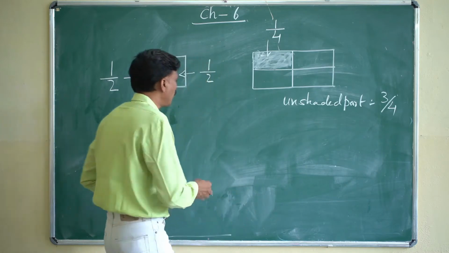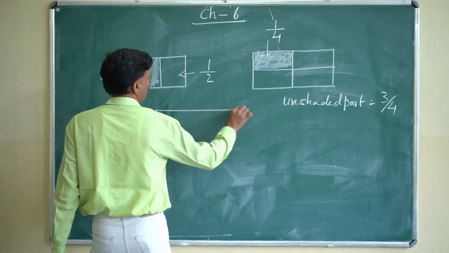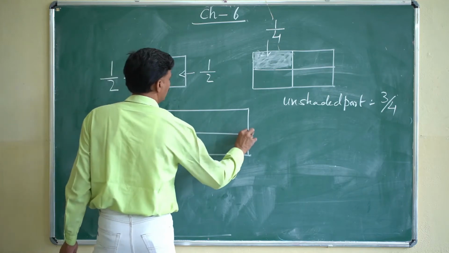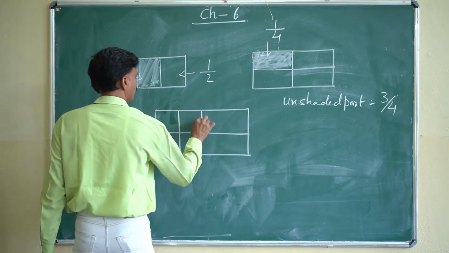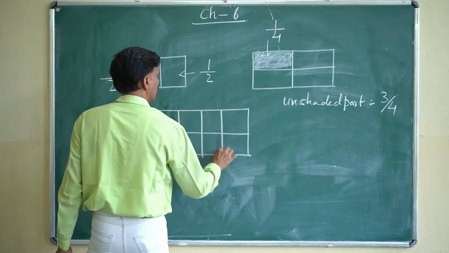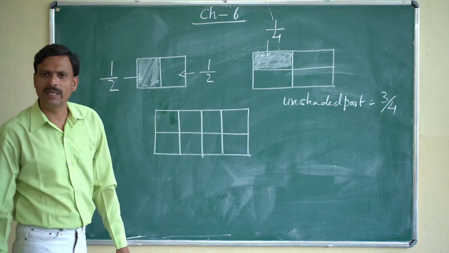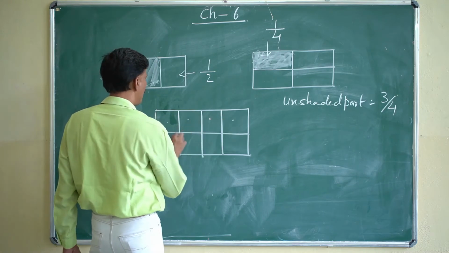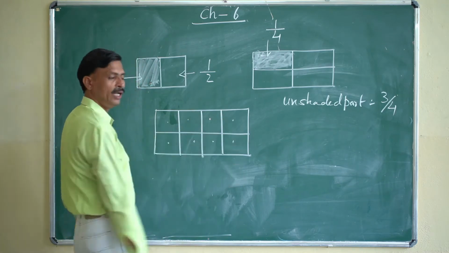Okay. One more I am taking. Suppose one big piece of paper, we have divided in many parts. So how many parts have I divided? I have divided it in 1, 2, 3, 4, 5, 6, 7, 8. 8 parts.